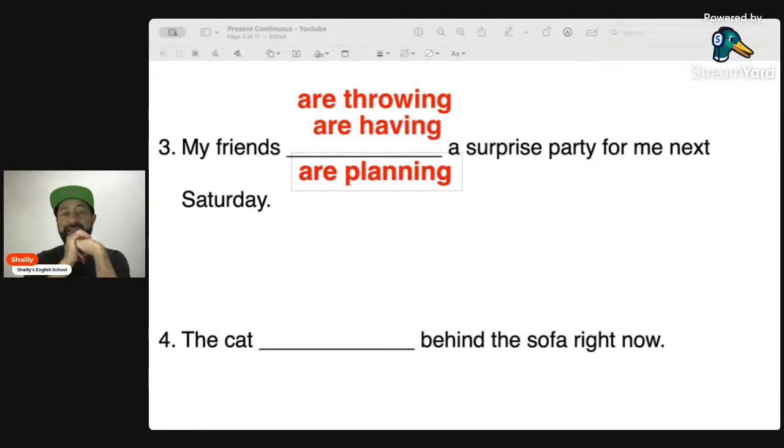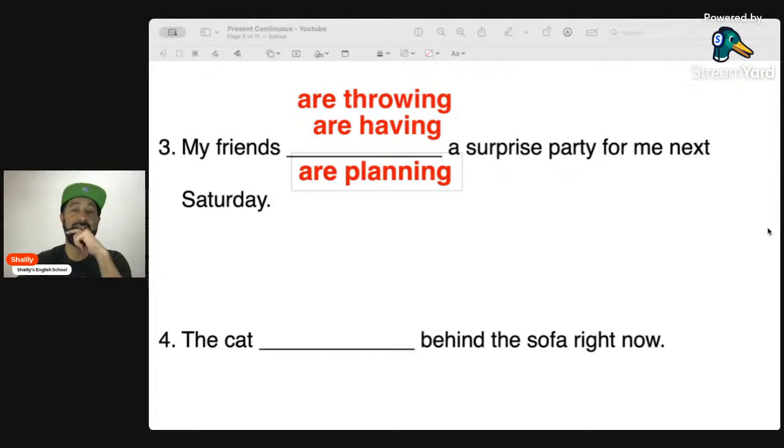Number 4, the cat something behind the sofa right now. All right, so remember, there can be many, many answers here. For me, my first image of this, the cat's behind the sofa, it reminds me of my sister's cat.